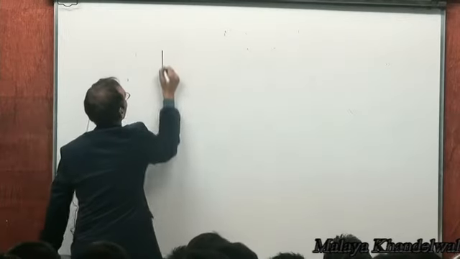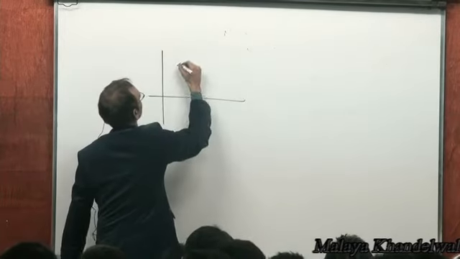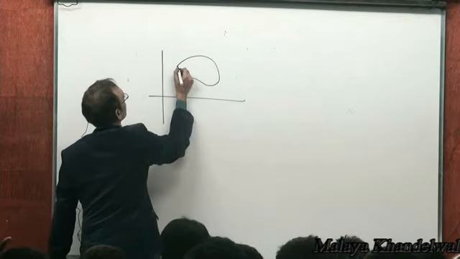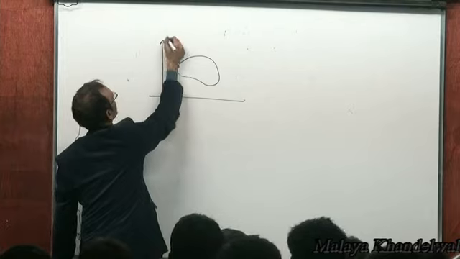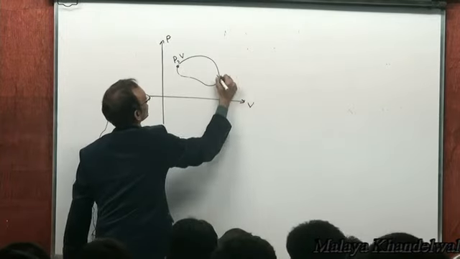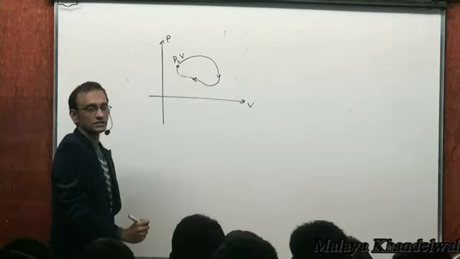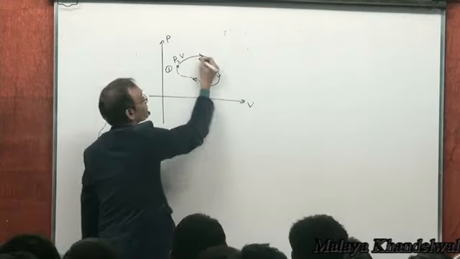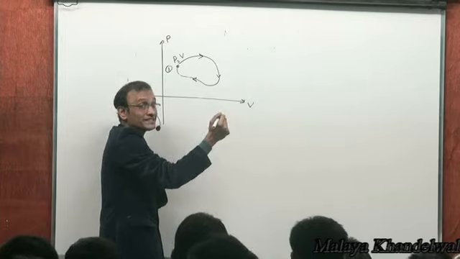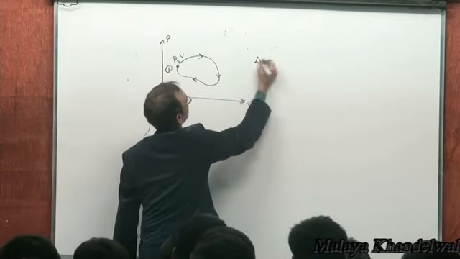Why? Because see, I could have had a process like this, for example. A pressure P, a volume V. I could have had a process like this. We are coming back to the same pressure, same final volume, right? So now in this case, delta U is 0 for the process.